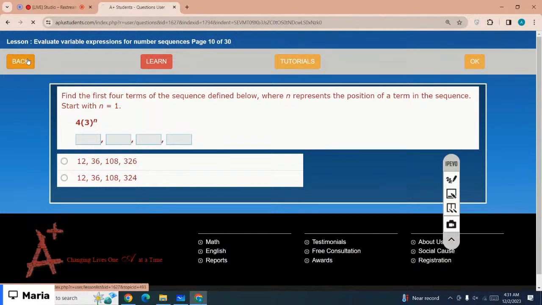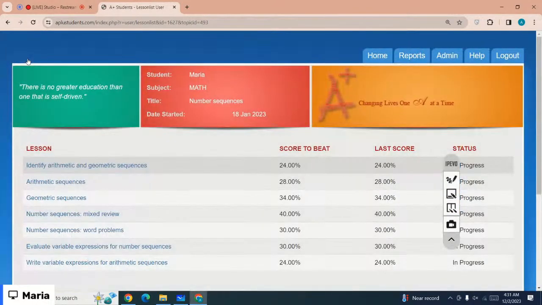And the next lesson is write variable expressions for arithmetic sequences.